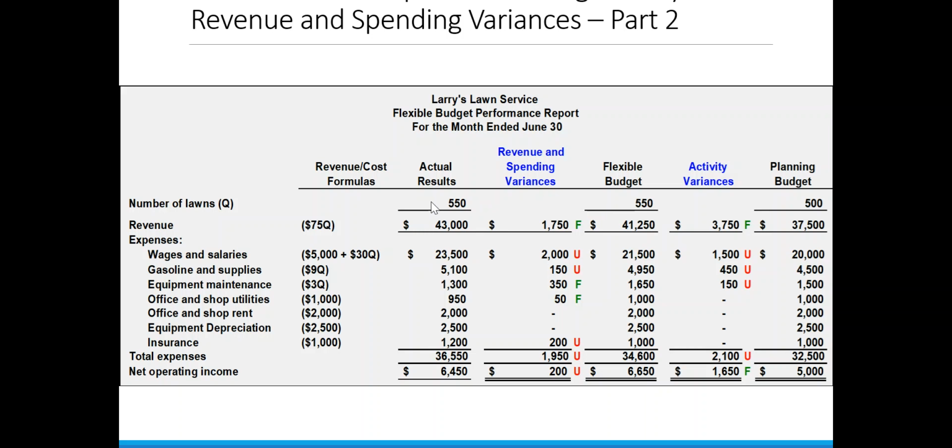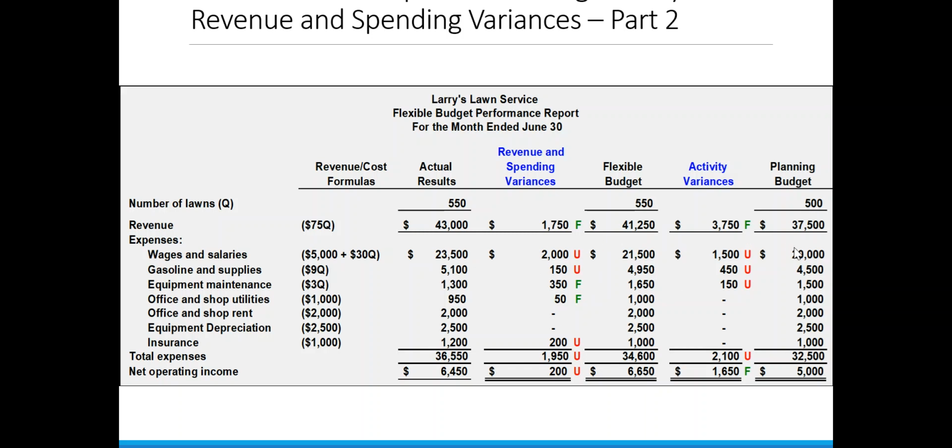However, when we compare actual with flexible, the flexible budget takes the planning budget and adjusts it for the actual activity level in an attempt to identify what variances in here are related to spending, or maybe revenue or spending, rather than a change in the level of activity.